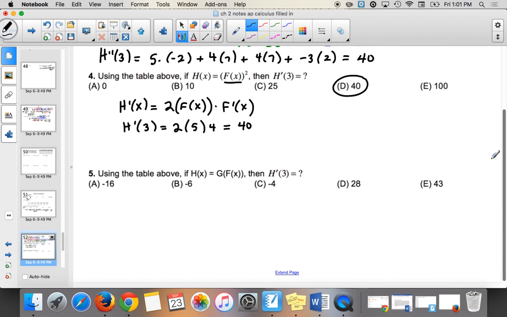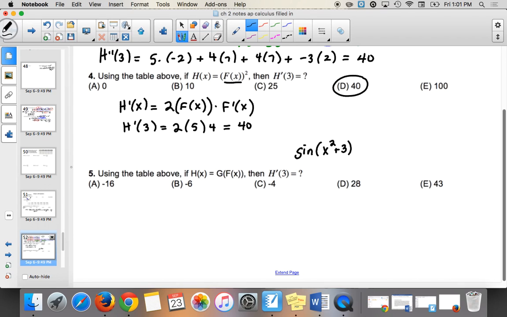All right, so this next one. If I have h of x equals g of f of x, think about what the derivative is. Do you guys all know the derivative of this now? It's an important one. It's basically a chain rule. Think about something in the form like sine of another function, so sine of x squared plus 3.